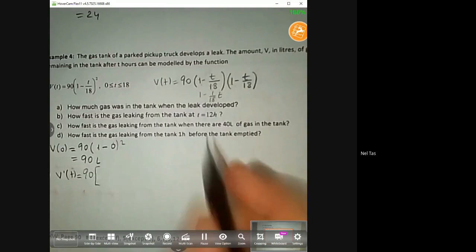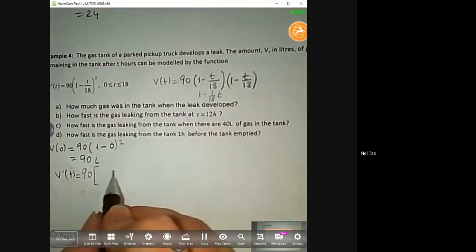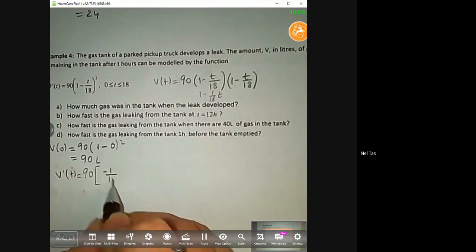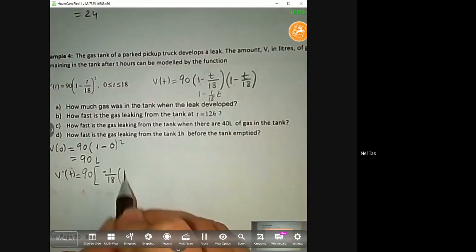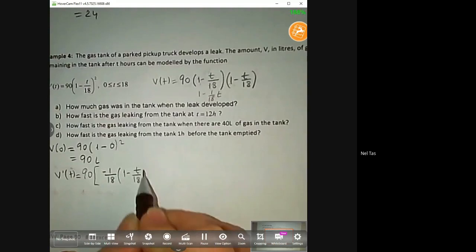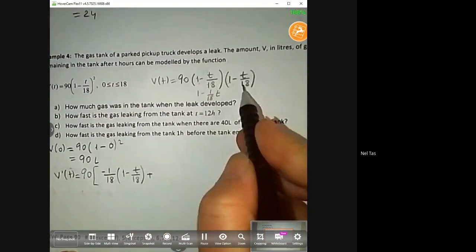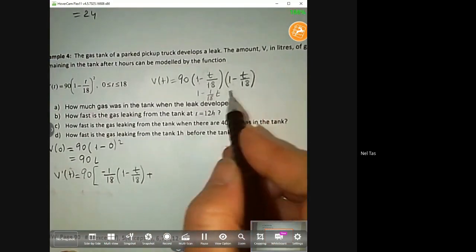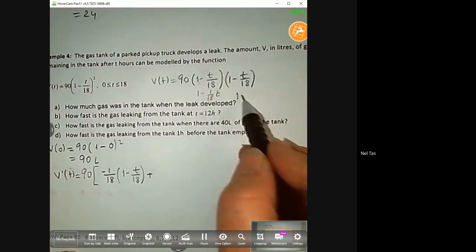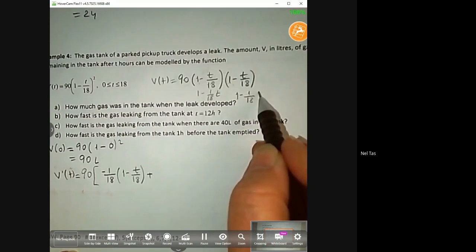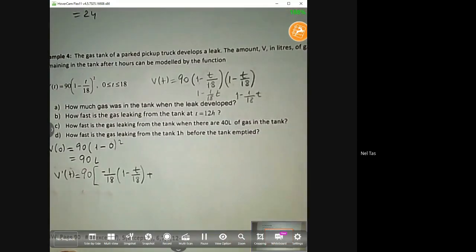So the derivative of the first function is negative 1/18 times the second function, 1 - t/18, plus the derivative of the second function. Again, think of t/18, same as in the first bracket, as 1/18 t.